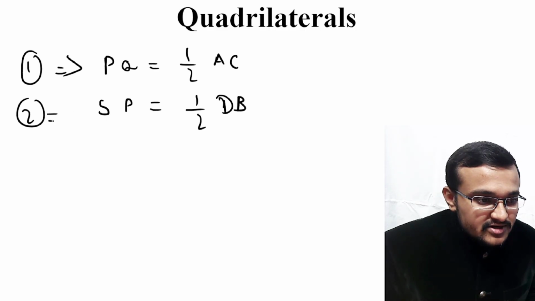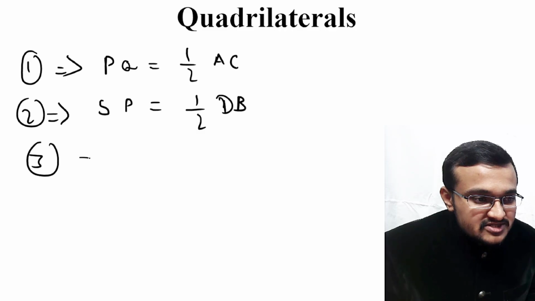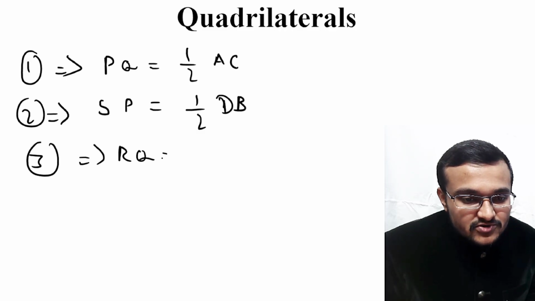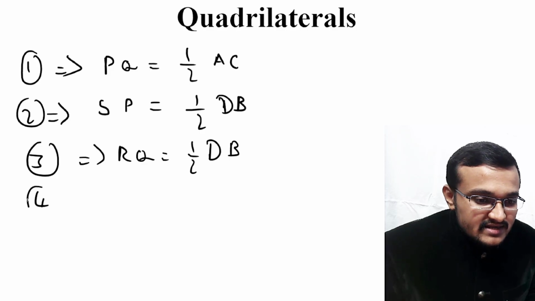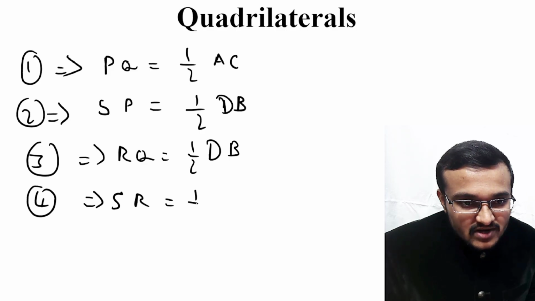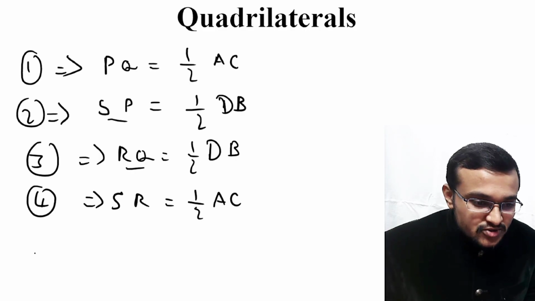So this is according to equation 2. So in equation 3 we have RQ is equal to half DB, and in equation 4 we have SR is equal to half AC.